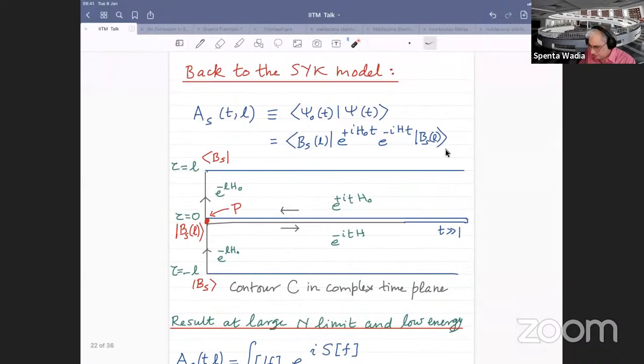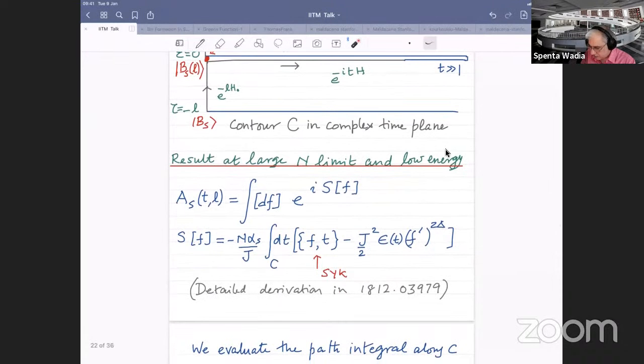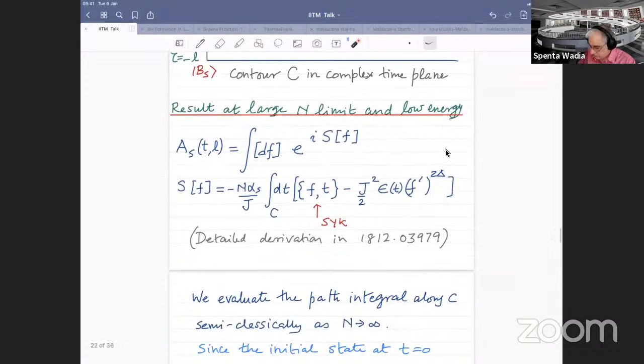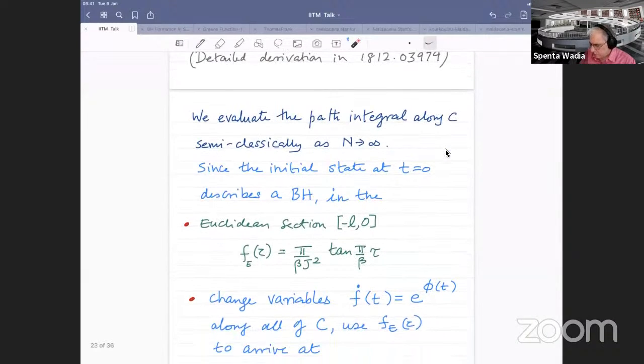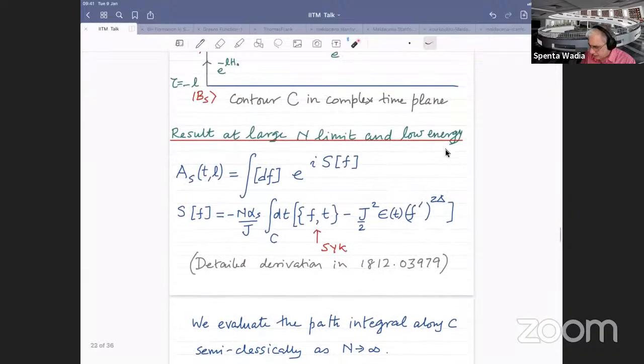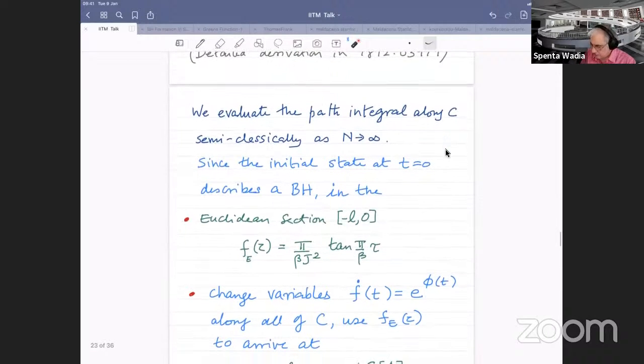I already explained to you these Keldysh contours, and I mentioned to you that the effective action has this additional term. All right. Now what we do is that we would like to evaluate this path integral in the semi-classical method.